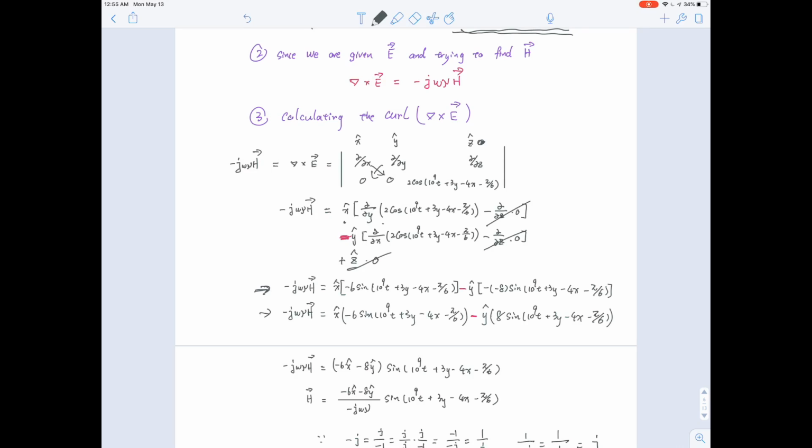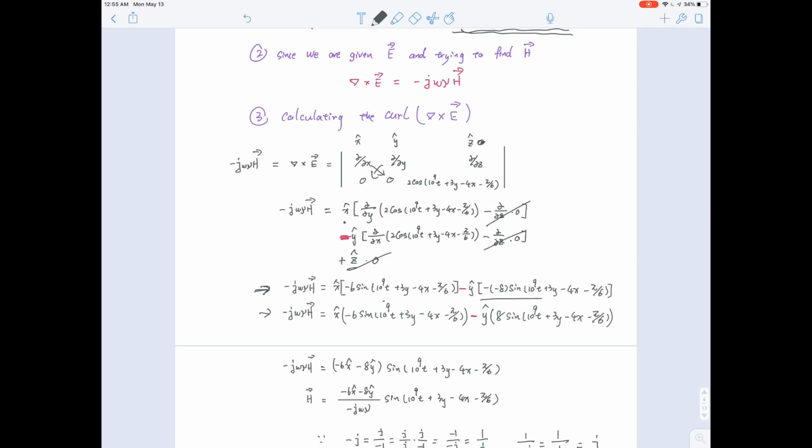The first term is from the derivative of y on this cosine term, which will give us negative 6 as the coefficient because 2 times 3 is 6, and the negative sign comes from the derivative of cosine, which returns a negative sign.